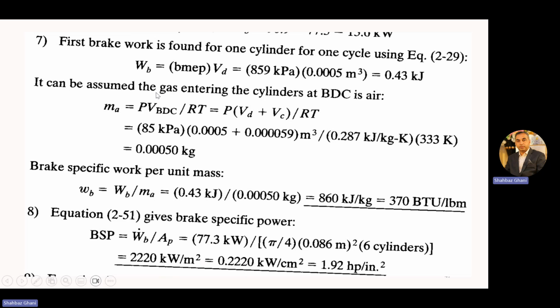If it can be assumed the gas entering the cylinder at BDC is air, then we use the standard characteristics of air and the general gas equation. Mass of air is equal to pressure times volume at BDC divided by the gas constant times the temperature. The pressure given to us is 85 kilopascal, and VC is the volume at BDC.